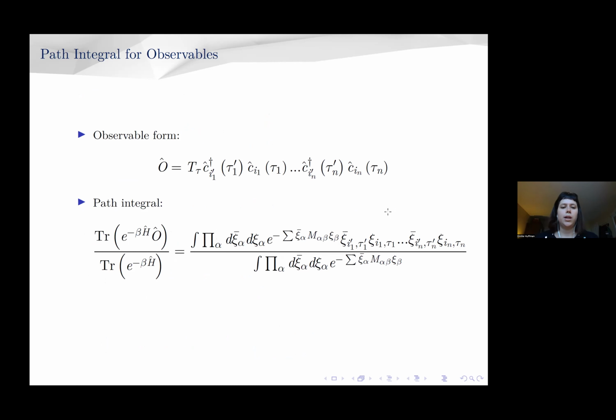And what you will get then is the integral here, where each of these c daggers corresponds to a psi bar, and each of the c's corresponds to a psi. And so we have the space-time coordinates listed. And so what we want to be able to do now is go ahead and see how this gets computed. So to do that, I'm going to switch to my notes.